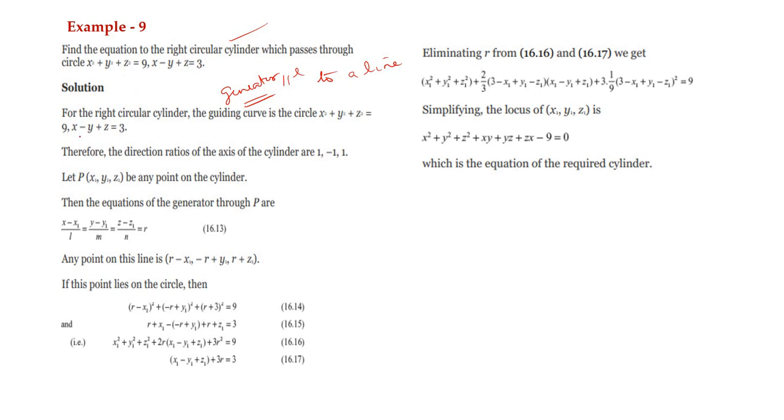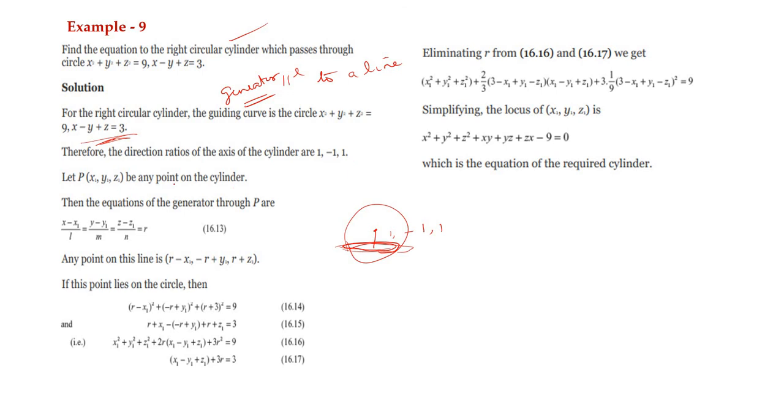When the sphere is intersected by a plane, we get a circle. Any line perpendicular to this plane will have its drs as 1, minus 1, 1.